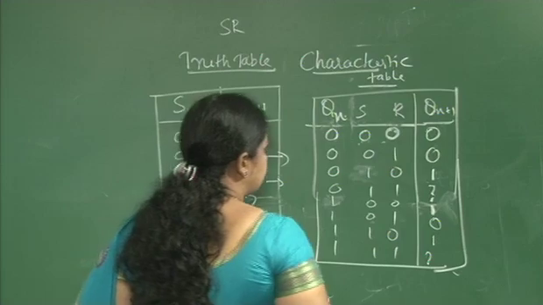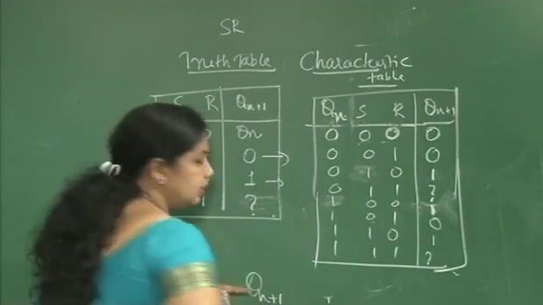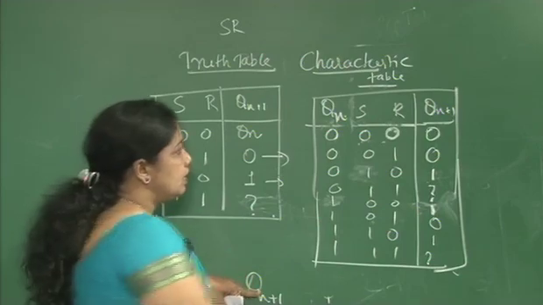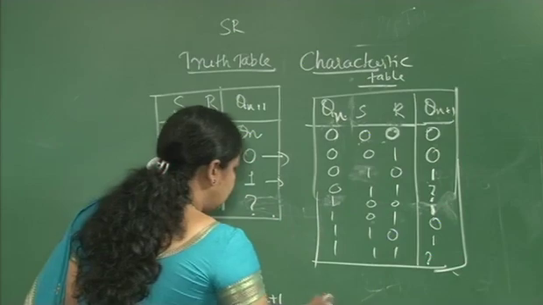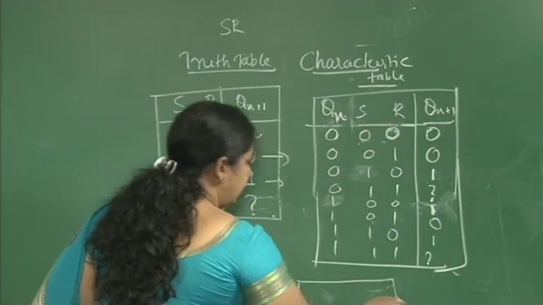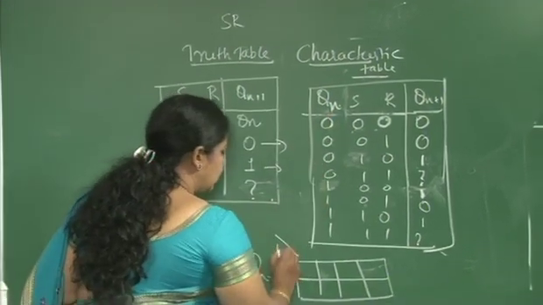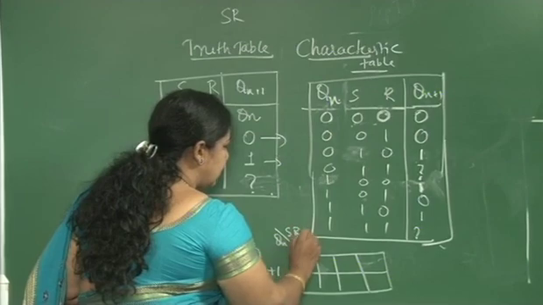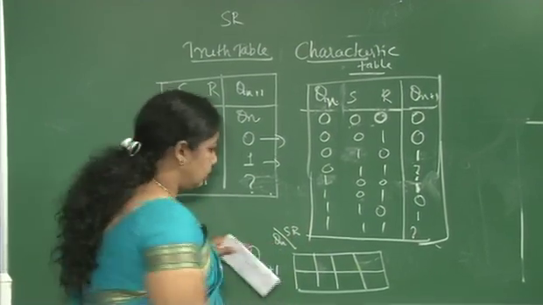From this characteristic table, I can get an equation for the next state. How to get the equation for the next state? I am going to draw a K-map, a 3 variable K-map. In the 3 variable K-map, I represent the inputs S and R and the present output.